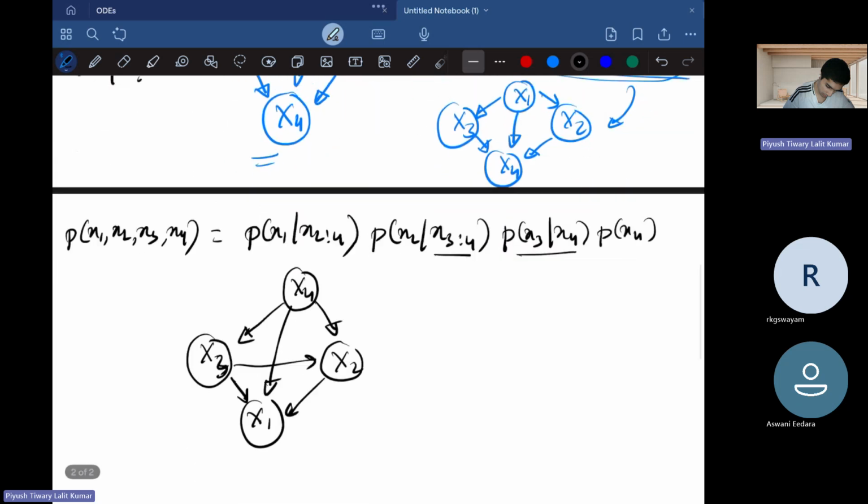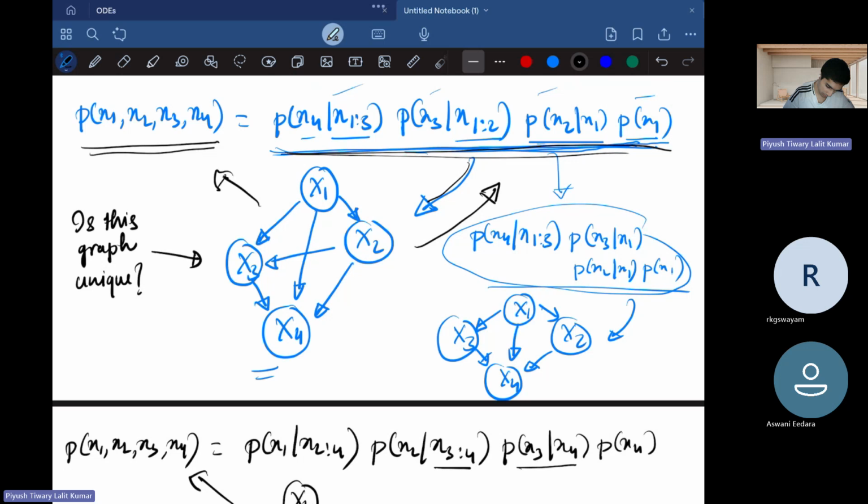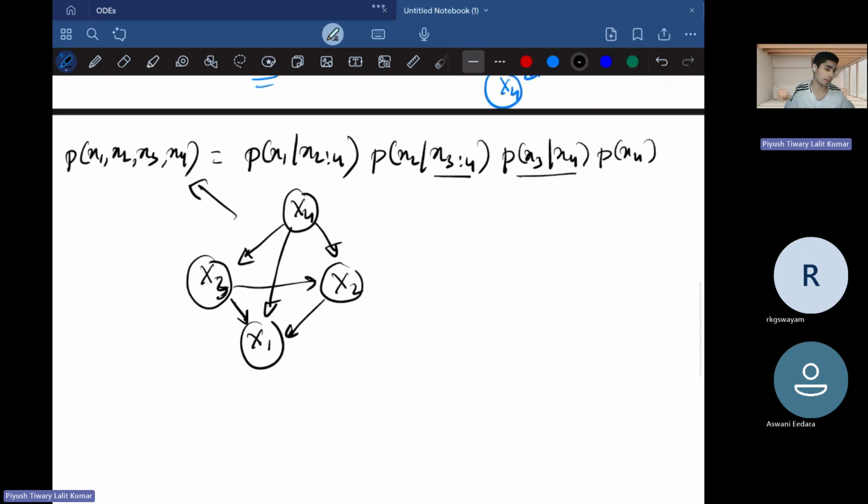So this graph also determines the joint distribution, and this graph also determines the joint distribution. Both of the graphs determine the same joint distribution, right? So a joint distribution can have multiple representations in graphical form.